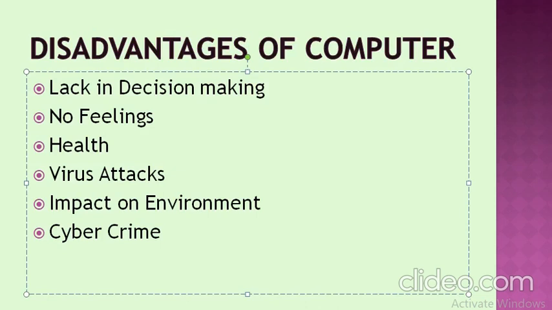Then another disadvantage of computer is health. What does it mean? How is it going to affect our health? Computer always helps us to do our work fast and in an easy way. Then how is it going to affect our health?